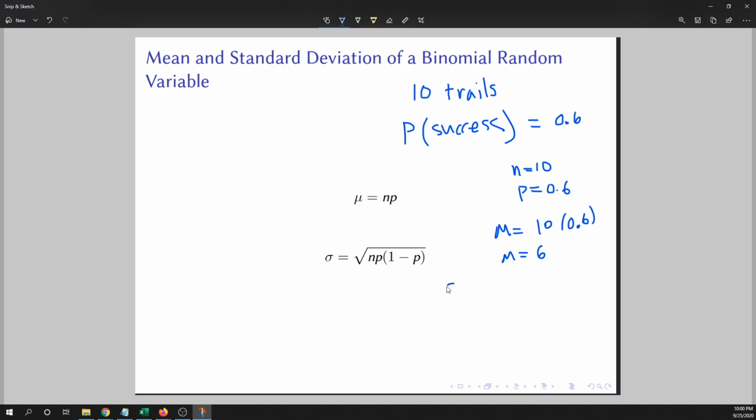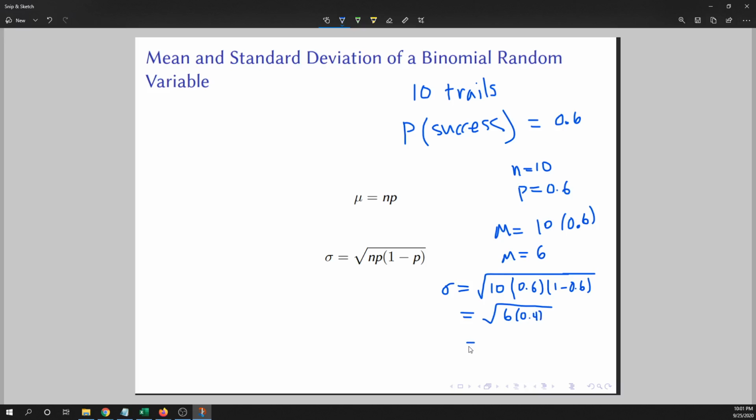And then the standard deviation is going to be the square root of n times p times 1 minus p. So n is 10, p is 0.6, and 1 minus p. That's all underneath the square root, so we just calculate that out. 10 times 0.6 is 6, and then 1 minus 0.6 is 0.4.